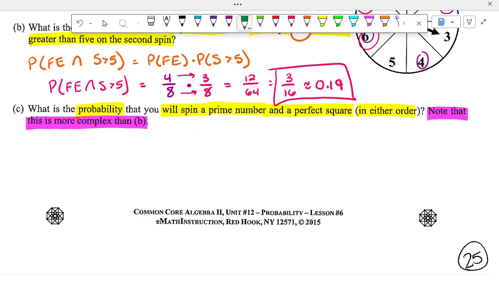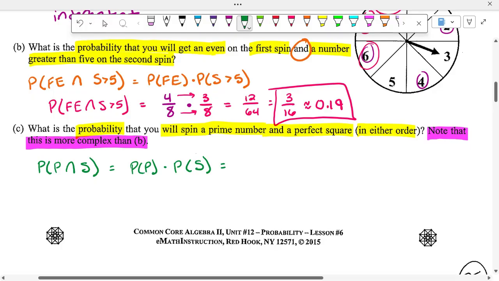So we're first going to check the probability of, let's say, a prime number on the first and a perfect square on the second. So what's that probability? This will be the probability of the prime times the probability of a perfect square.